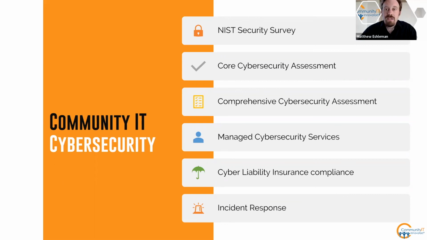But I think these sorts of things are unavoidable. And so I think the solution is not to go back and say, well, we're going to go back to having the server in our office and everybody has to come into the office and we're going to have all of our applications on premise. But I think organizations need to have good systems and processes in place to understand what data they have in which system and how it's being used and accessed.